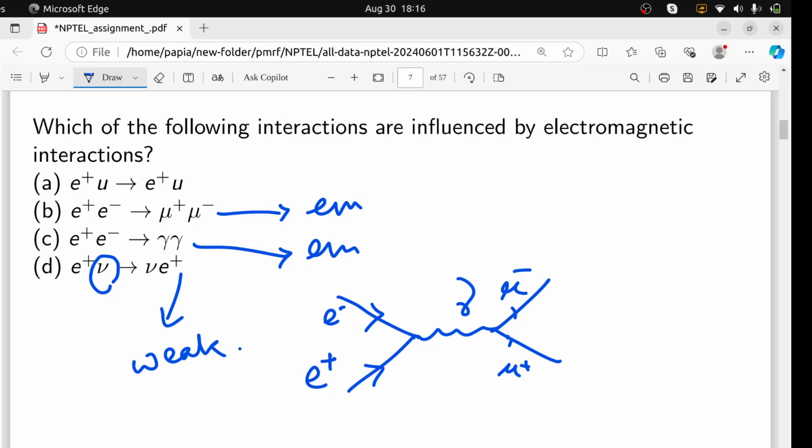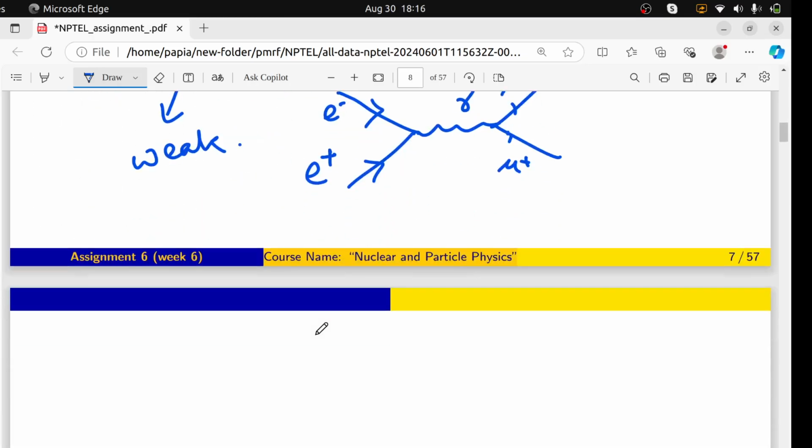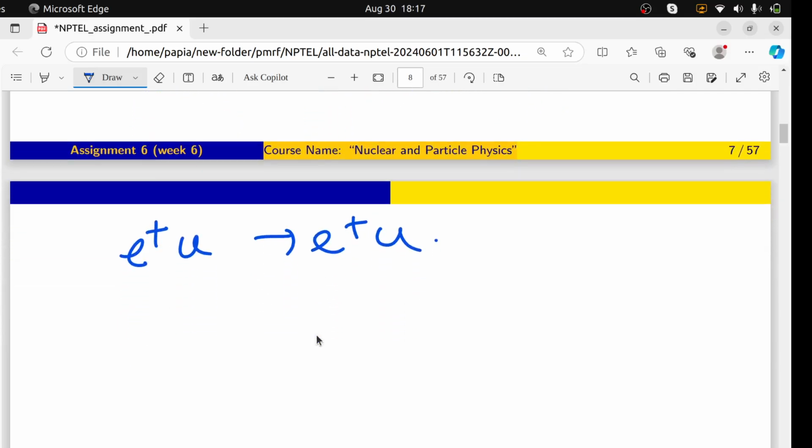Now one more is left, that means e+ u going to e+ u. How do we know which interaction will govern here? Maybe gamma will be the mediator.